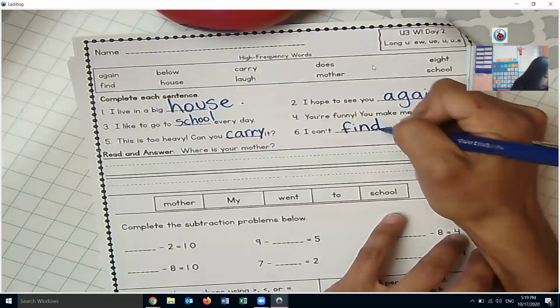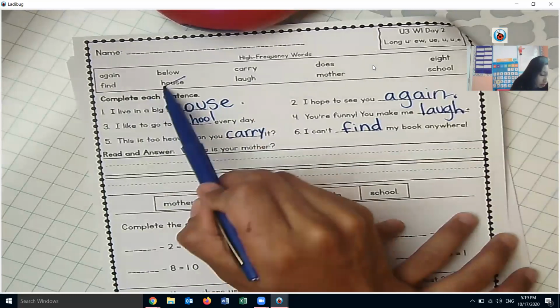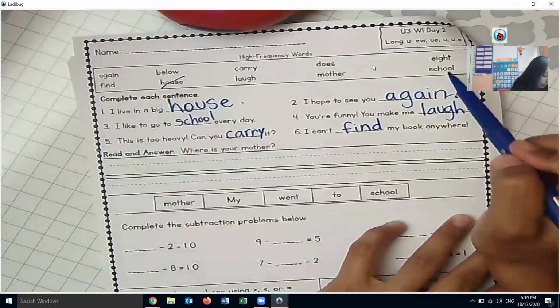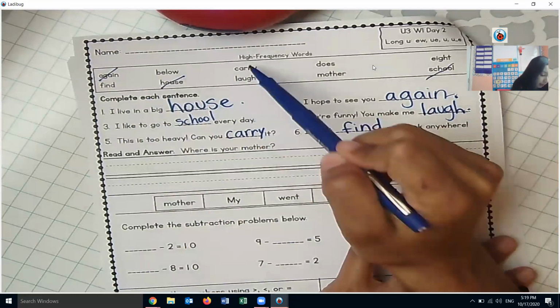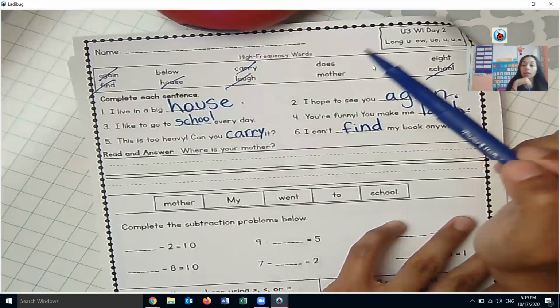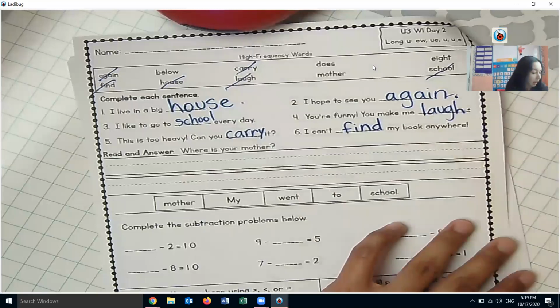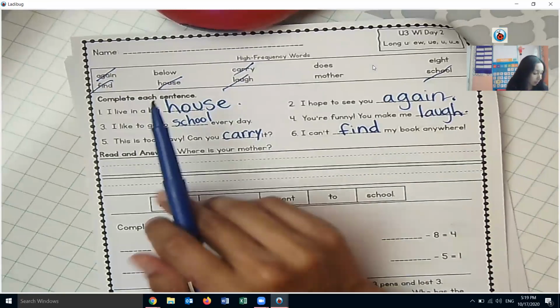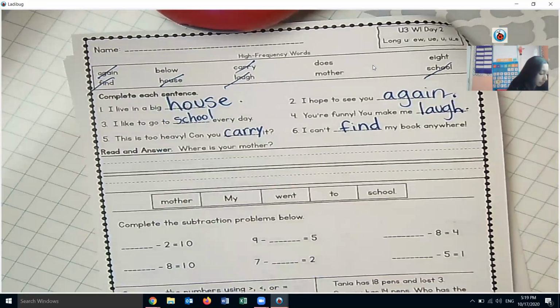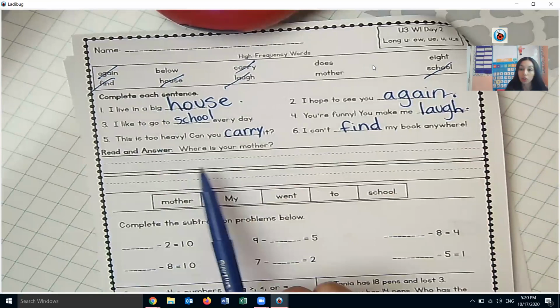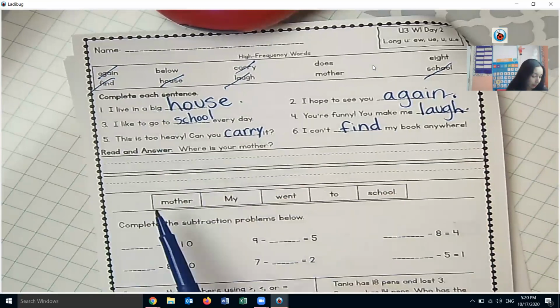So if I cross these out, I cross off house, school, again, carry, find, laugh. So there are a few words that just don't get used. So they're there. Below, does, mother, and 8. But we'll maybe use them here in the next part. Where is your mother? So we're going to answer that question using our word bank down here.